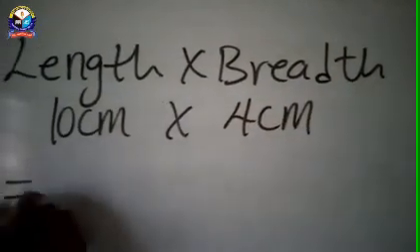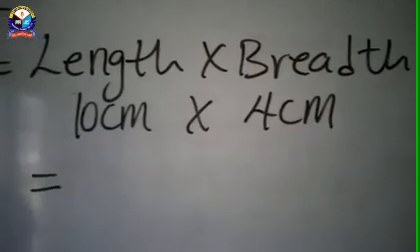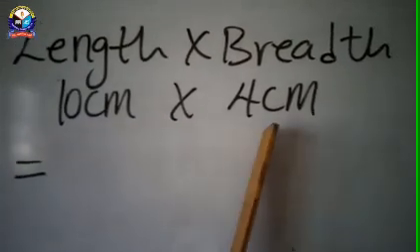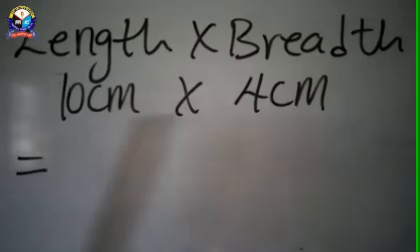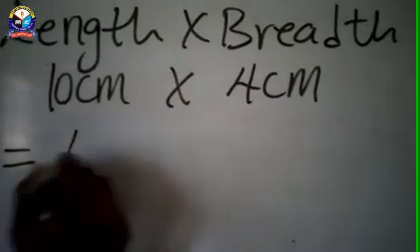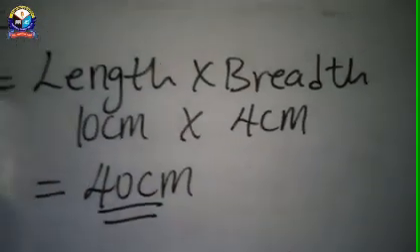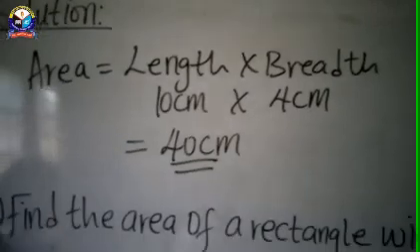So what do we do now? We just multiply the two together. 10 centimeter times 4 centimeter is what? 40 centimeter square. That is the answer.